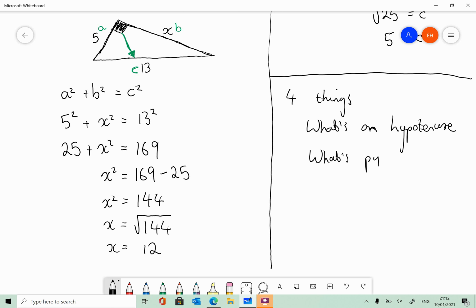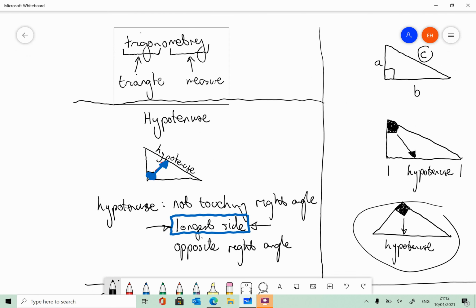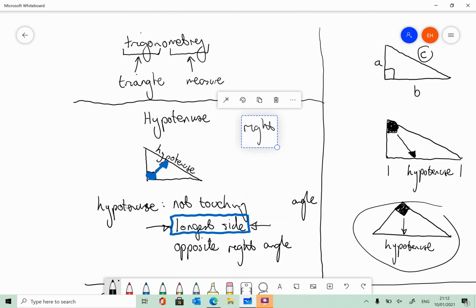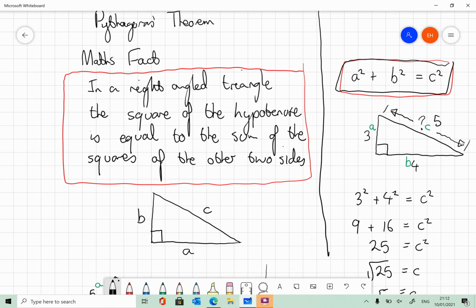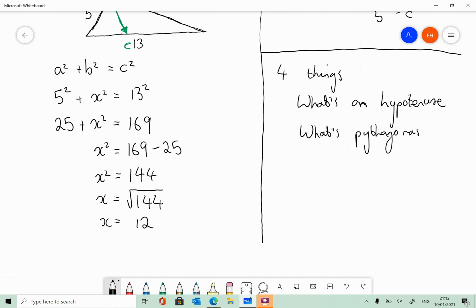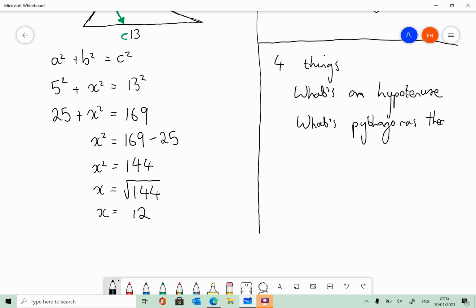What's Pythagoras' theorem? And then Pythagoras forwards, and Pythagoras backwards.